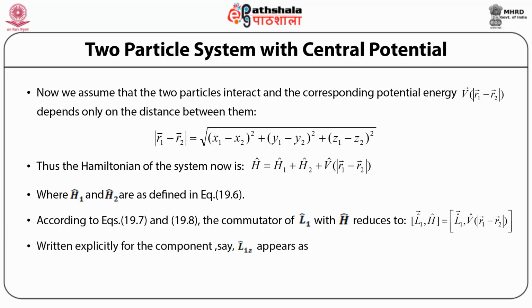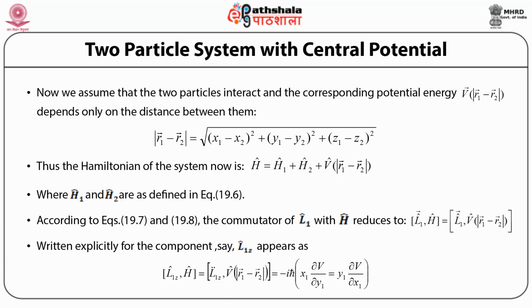When this is written explicitly for the component, say operator L1Z, it appears as the commutator of operator L1Z with the Hamiltonian, which is equal to the commutator of operator L1Z with the potential energy operator V, a function of modulus of R1 minus R2.